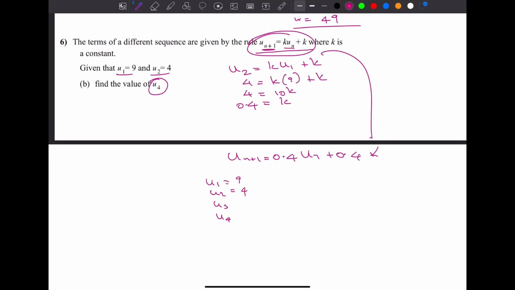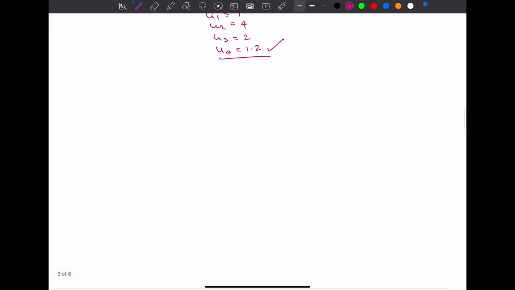What I'm going to do is type in my calculator 9 and press equals. Then I type 0.4 bracket answer key plus 0.4 and press equals. That's a 4. That's how I get my u2. Press again, that's 2, which is my u3. Press again, that's 1.2, and that's the u4. Simple. Okay, iteration, just use your calculator. Very good.